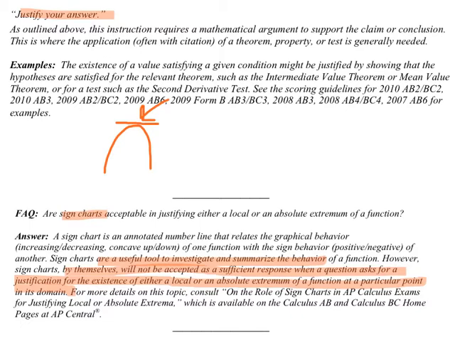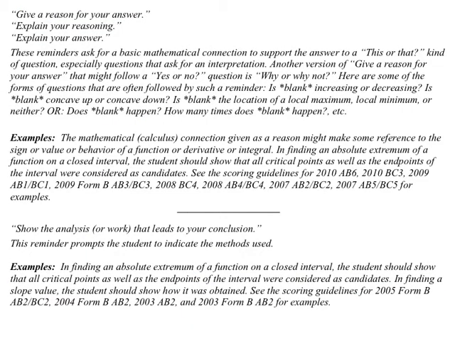You see on the sign chart that f prime is changing from positive to negative, and then underneath you say at x equals 3, f prime changes from positive to negative, and therefore I have a local maximum. So make sure you are verbalizing your sign charts. Okay, moving on, they keep talking about this, so pause and read this over. I feel like this first section is pretty self-explanatory.